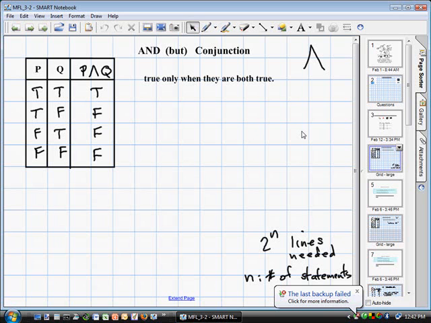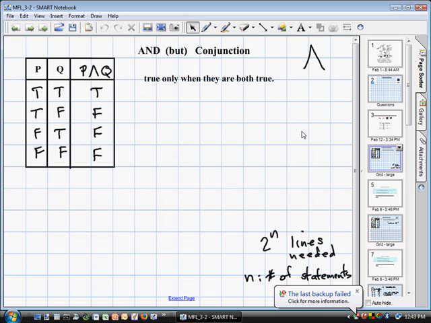You probably have seen that before. Doesn't that look like the subsets statement? Remember how there were 2 to the nth subsets? Well, in a similar way, there are 2 to the nth lines needed in a truth table, depending on how many statements. Now we only have 2, so 2 to the 2 power is 4.